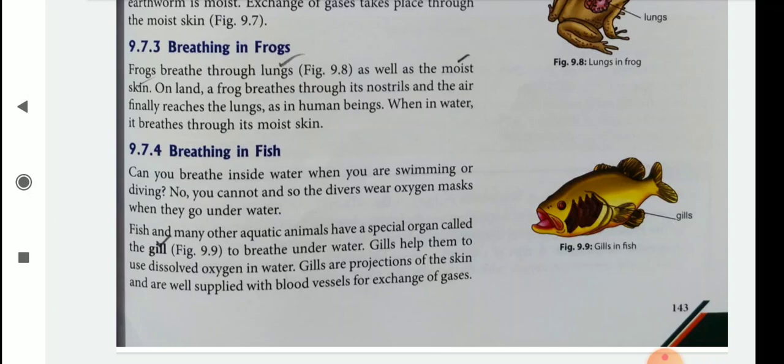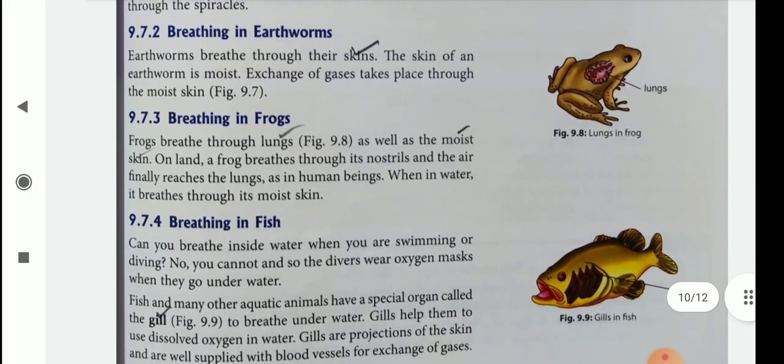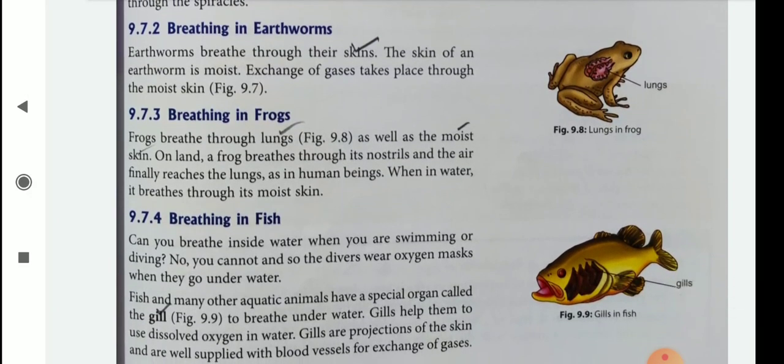Gills are projections of the skin and are well supplied with blood vessels for exchange of gases. So children, we know the breathing organs of cockroach, that is spiracles, earthworm, that is skin, frogs, that is both lungs and skin, and fish, that is gills.